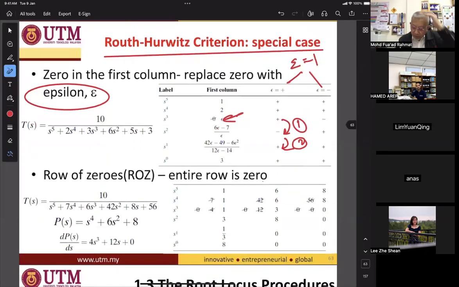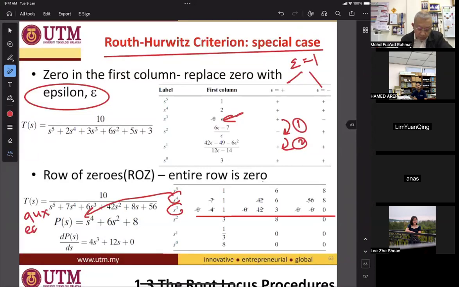And then for the zeros row, when you fill up this Routh-Hurwitz, you will find that at this stage of S3, for this example, the whole row is 0. So what we do is we take the equation of S power of 4. We create an auxiliary equation, and then we differentiate.